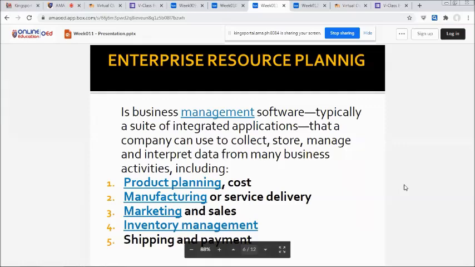Examples of functional areas in one organization are finance, accounting, marketing, operations, and human resource management, organized by functional area. In accounting, we have payroll, auditing, budgeting, and profitability planning.